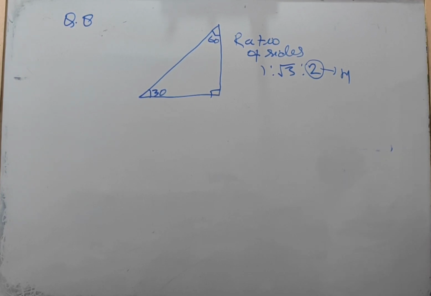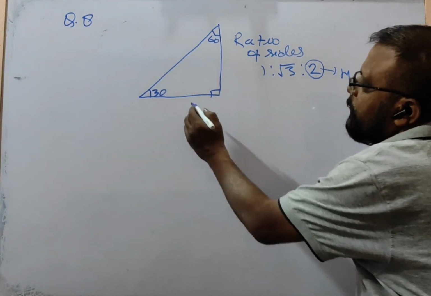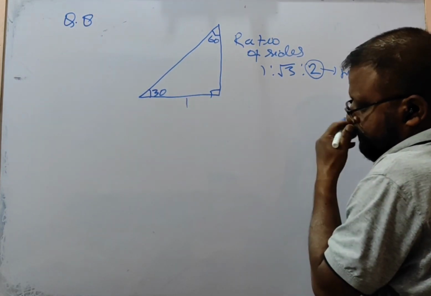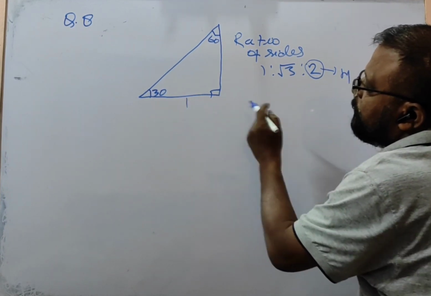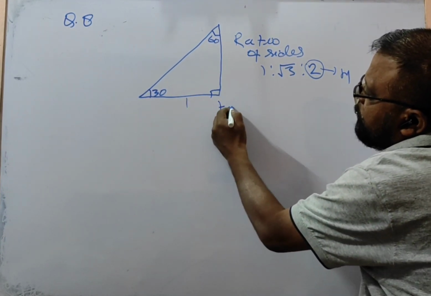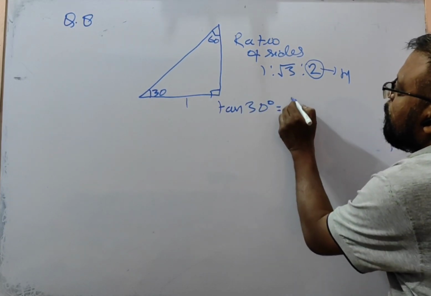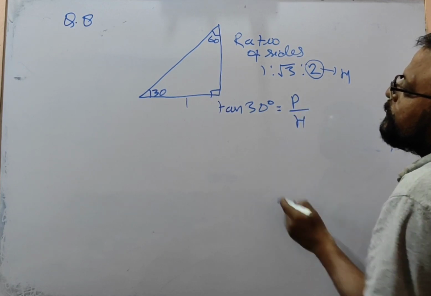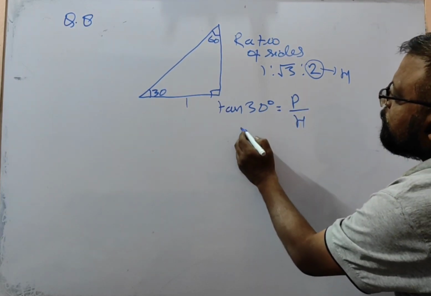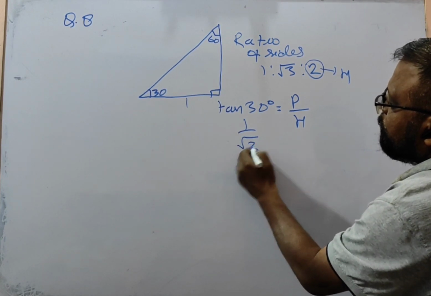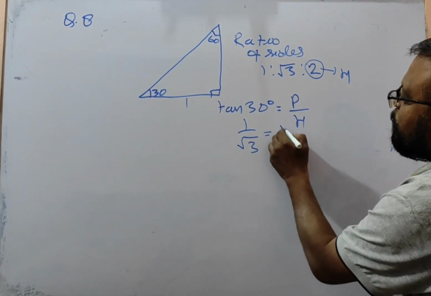How can they get the ratio of sides? If I take base as 1, tan 30 is equal to perpendicular upon base. Tan 30 value is 1 upon root 3, right?